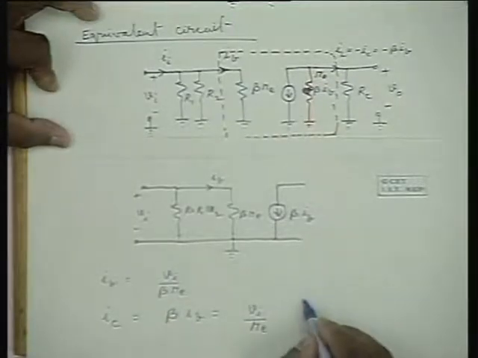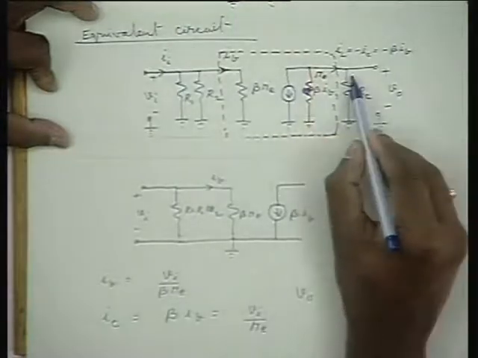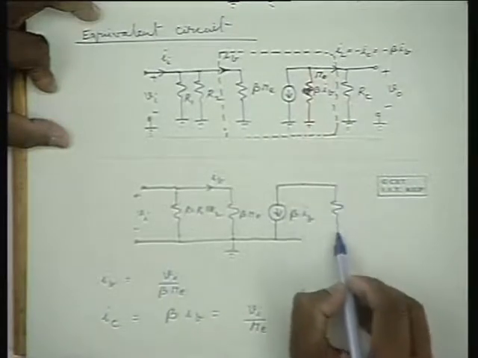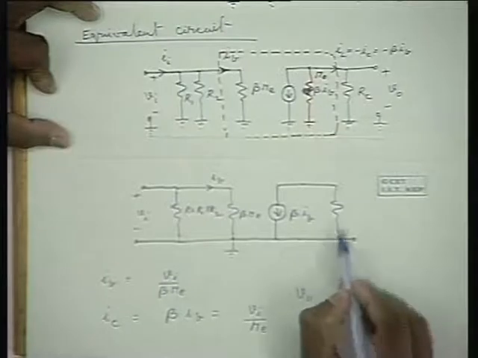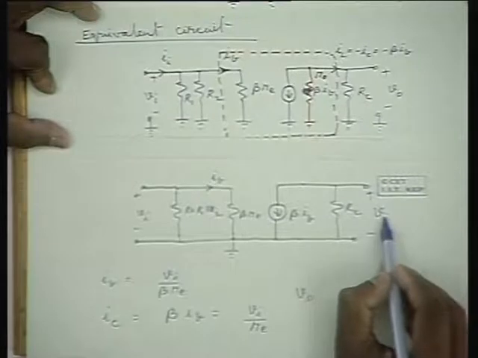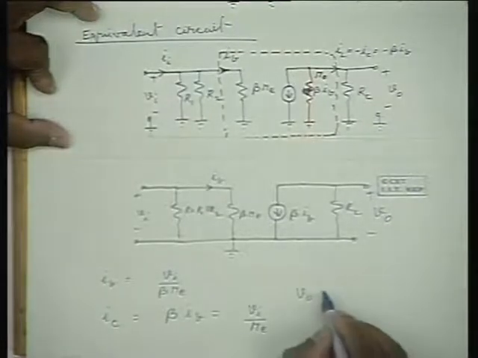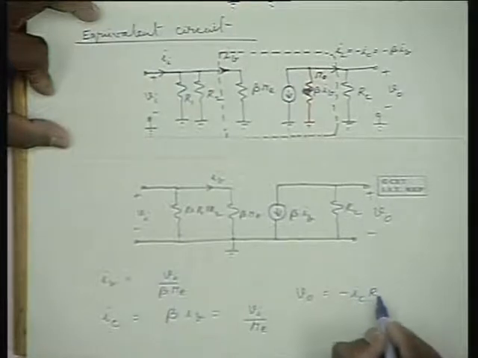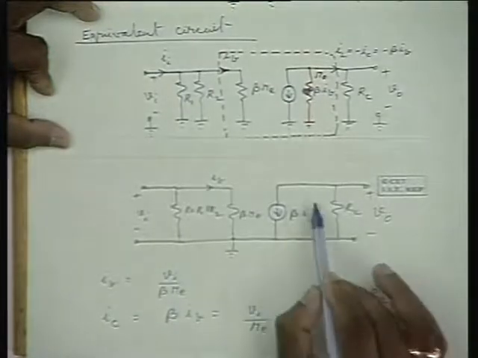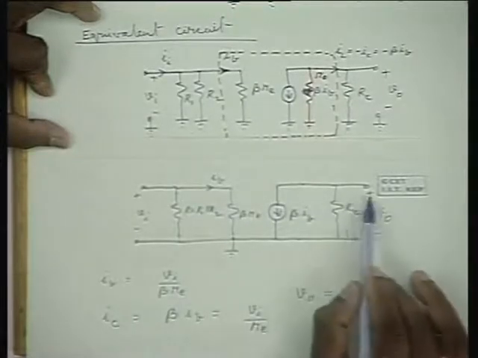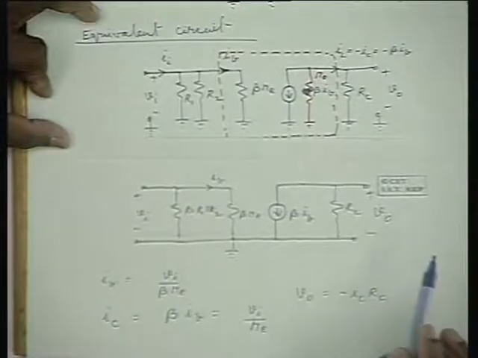Now, output voltage V0: this IC flows through RC, therefore output voltage V0 is minus IC into RC, because the current direction is opposite to this V0.